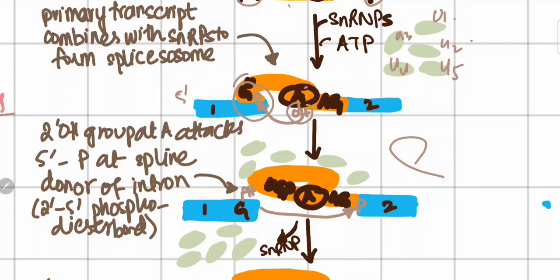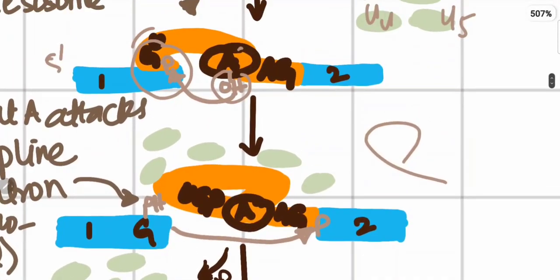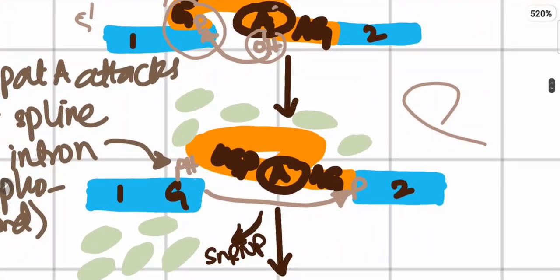When this kind of attack happens, what is the next attack? The next attack involves the splice acceptor site. This is the splice donor site, and it is going to attack the splice acceptor site. So this splice is going to get accepted here. It is donating to this acceptor.